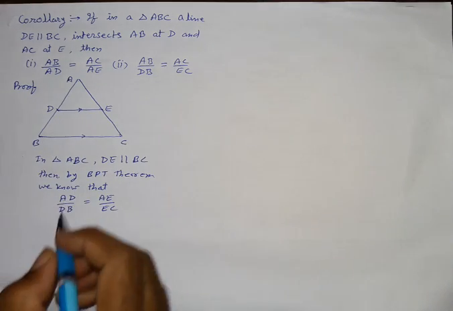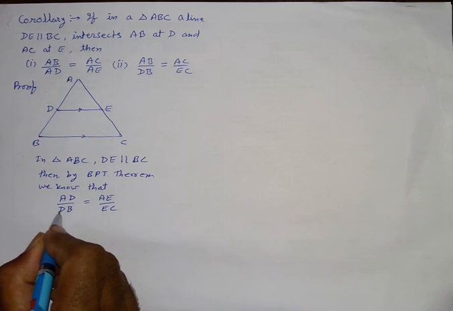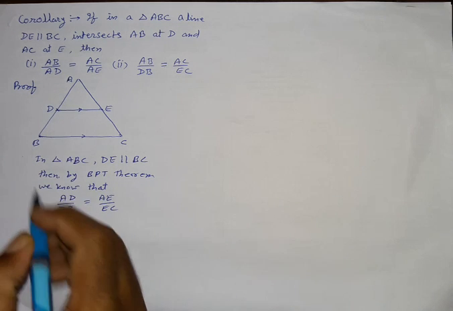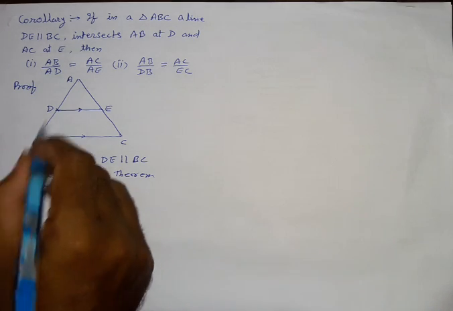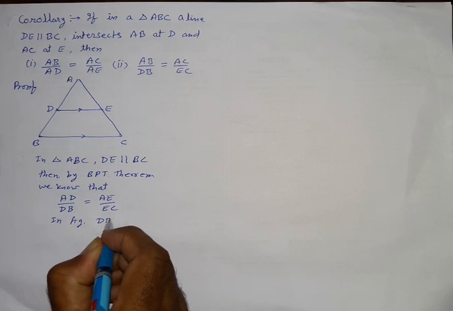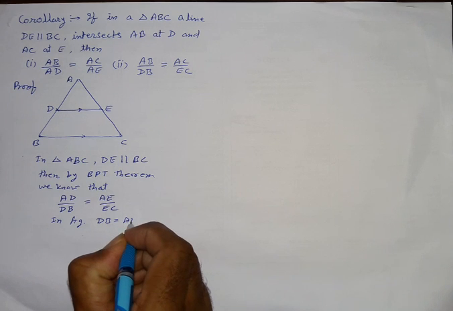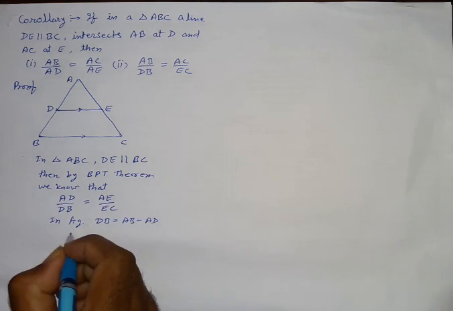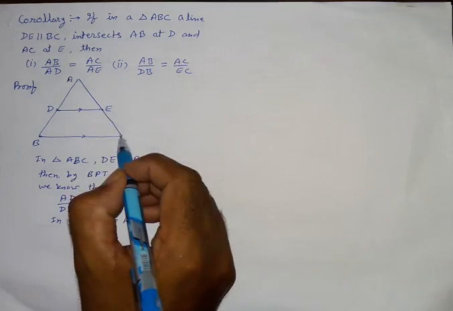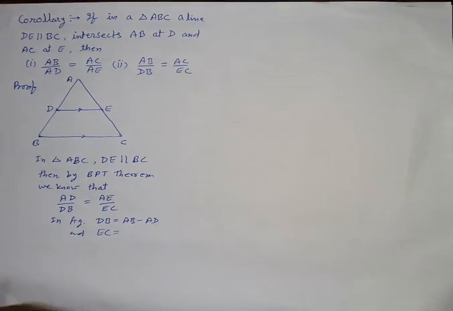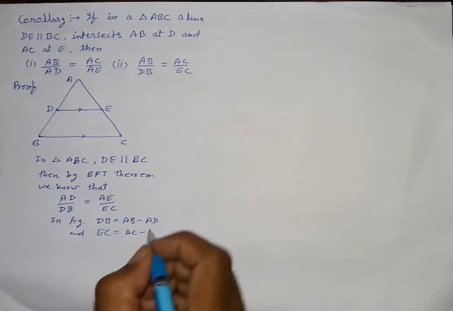According to this figure, we see that DB, this segment in the figure, is equal to AB minus AD, and here we see that EC is equal to AC minus AE.